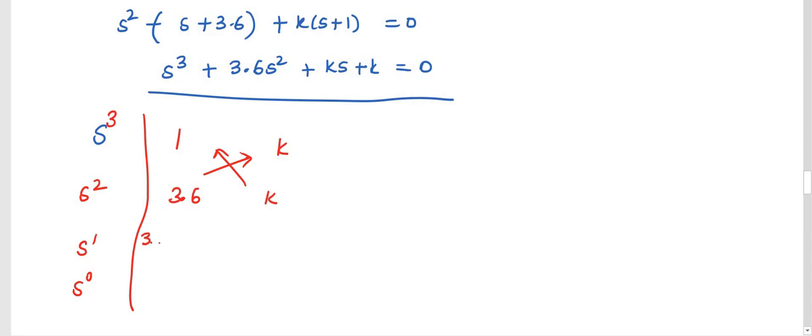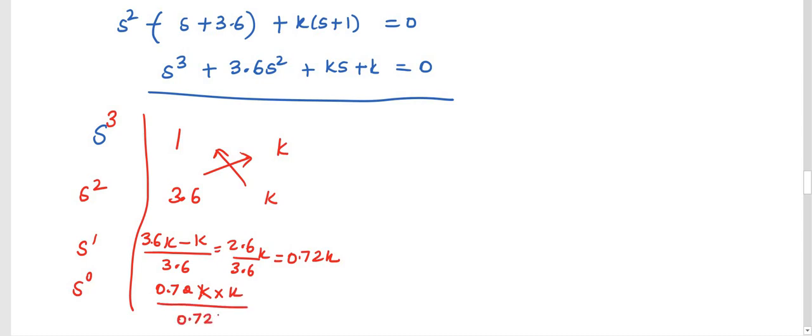So 3.6 k minus k divided by 3.6, so that is 2.6 divided by 3.6. So the answer is 0.72 k. Now 0.72 k is multiplied with k, divided by 0.72 k.